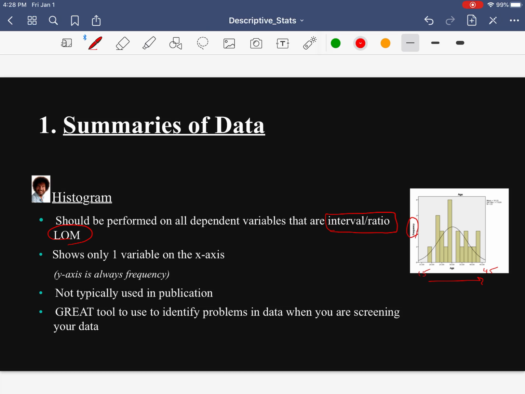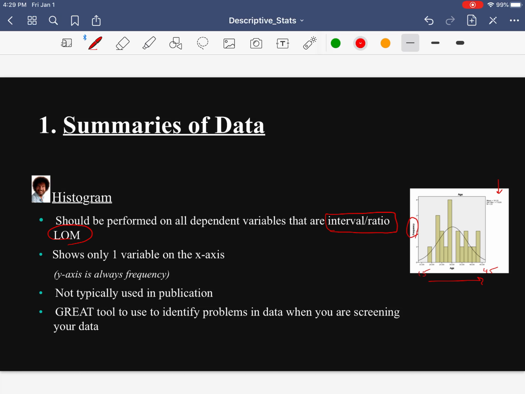So each histogram only shows one variable. We're not doing any calculations here. That's why it's just a summary of data. This is not going to show me the mean necessarily in the graph. Oftentimes it'll be reported on the side, but most importantly, this is a visual summary of each dependent variable.